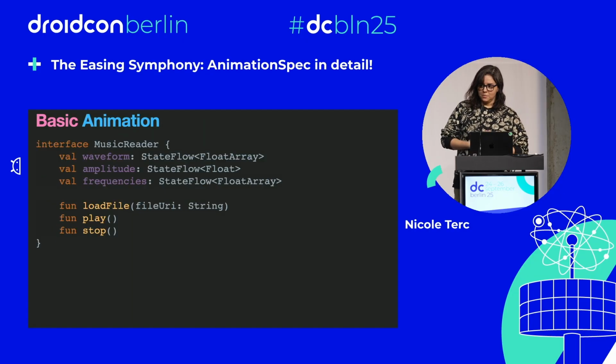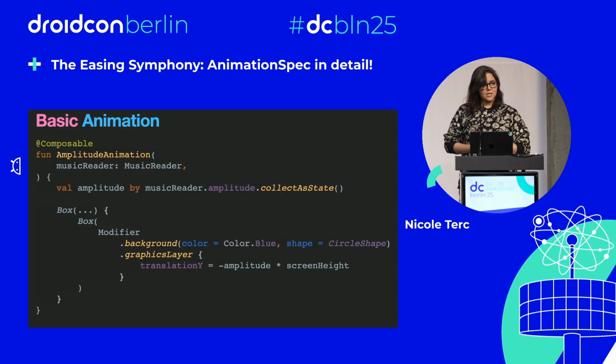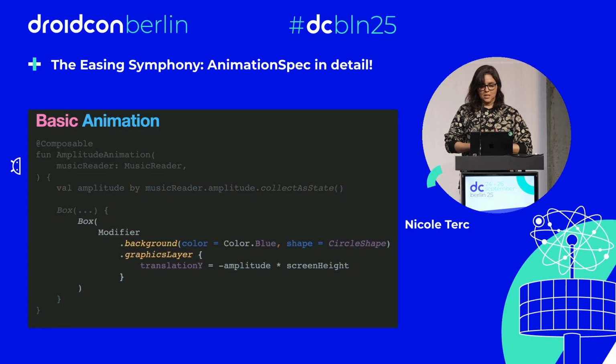So let's take a look at our music reader, and just because I want to, let's use amplitude. It's a simple level of the tree, it's just a float instead of a float array. So let's create a basic animation using amplitude. It can start like this. It can be a simple composable, where I'm going to be listening to the amplitude changes, and using this amplitude, I'm just going to pass it into our box that is basically a ball, which is just a circle.